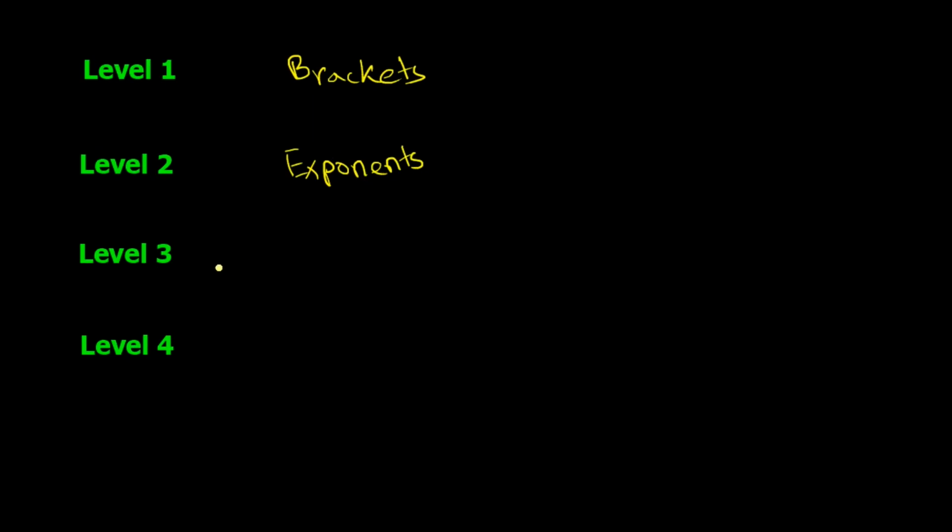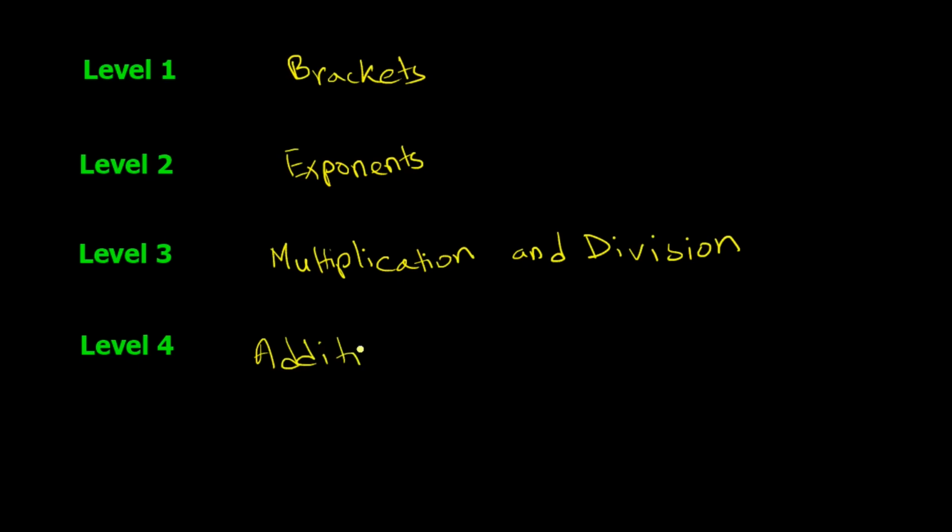So the bracket should be done first and then exponent, both of them agree on that. Level 3 should be multiplication and division, so they're together, on the same level. And level 4 should be addition and subtraction, they are on the same level.